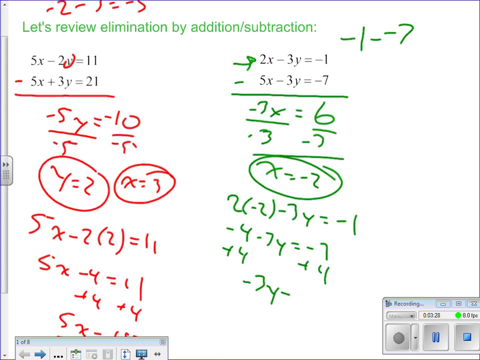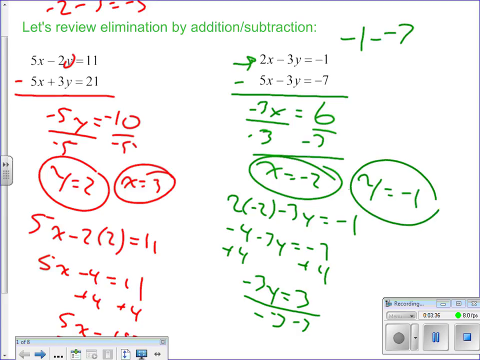Negative 3y equals 3. Divide by negative 3. And I get y equals negative 1. Is that a 7 or a 1 above that plus 4? It's a 1. Just making sure. Okay. Y equals negative 1.